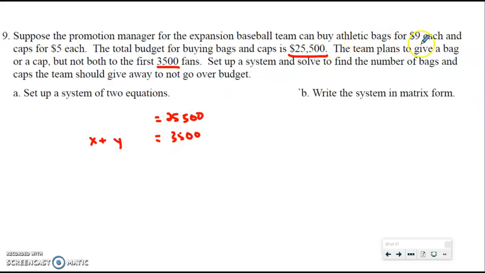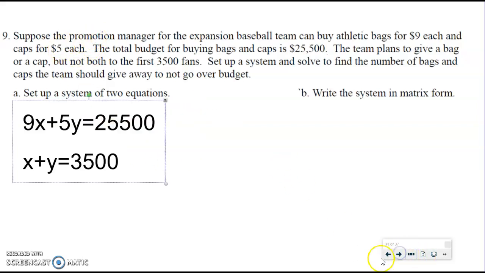And then I know the cost is $9 for a bag and $5 for a cap. So this would give me that system right here. I have 9x plus 5y equals 25,500, and x plus y equals 3,500.